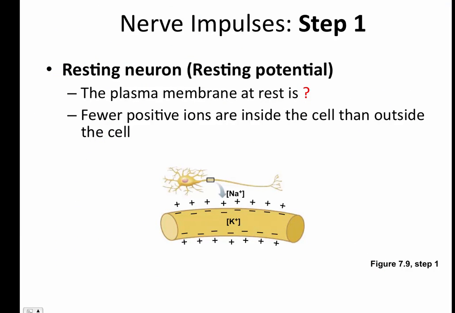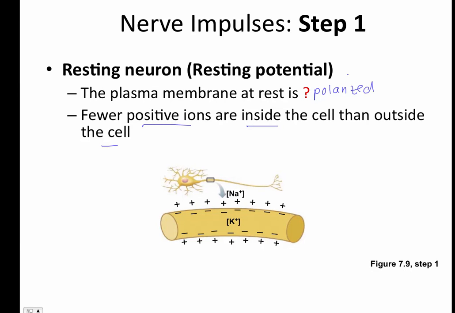Okay, so let's go through all of those steps that I just discussed, and there are 4 of them. The very first step is the resting neuron and resting potential. At rest, the plasma membrane is polarized. There are fewer positive ions inside of the cell than outside of the cell.